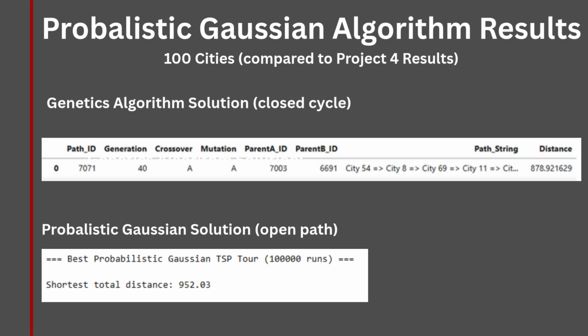These two values are distant, but I also want to point out that in the genetic algorithm it was a closed cycle, but in this iteration it was an open path. So realistically, the genetic algorithm has 100 edges, where I have 99 edges in the longer tour. And so this solution is actually much worse.